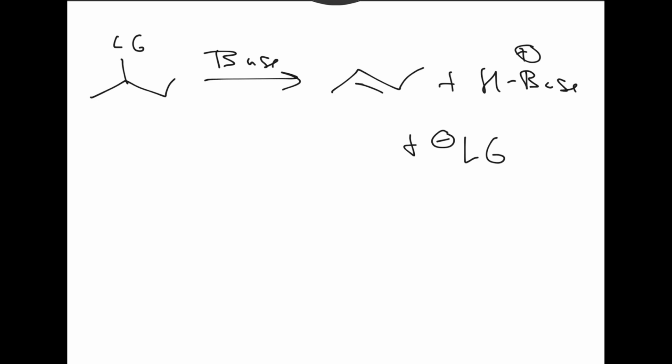where you have a base, and your base removes a hydrogen from a carbon adjacent to your leaving group, and makes a double bond, generating the conjugate acid of the base, H-base plus, and then your leaving group has left.